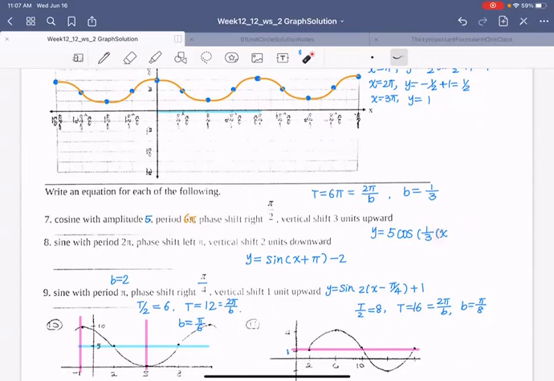Otherwise, the phase shift is wrong, okay? Oh, yeah, okay. So x minus pi over 2, and then parenthesis. And then plus 3. Shift up, okay? And that's how we do this one. Right, Julie, let's do number 8.